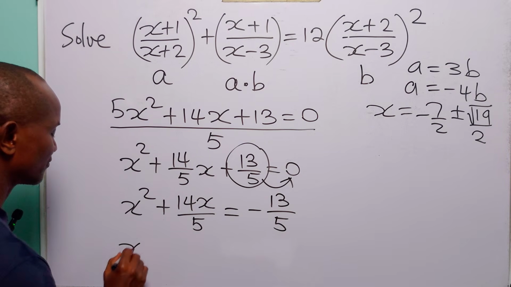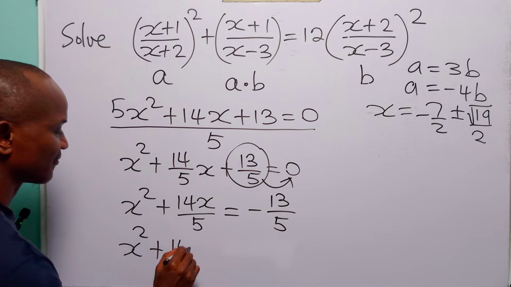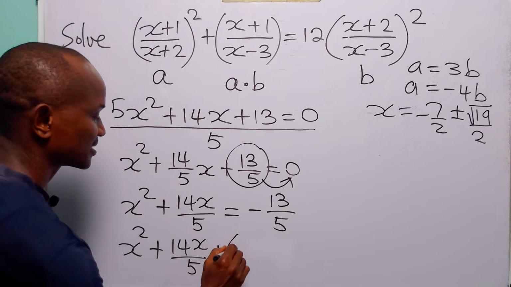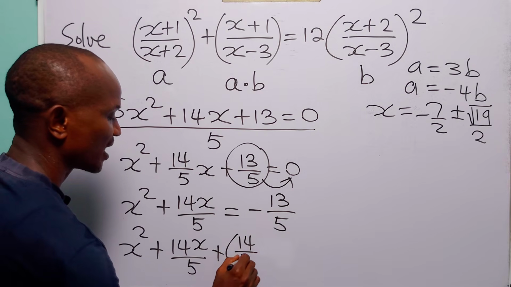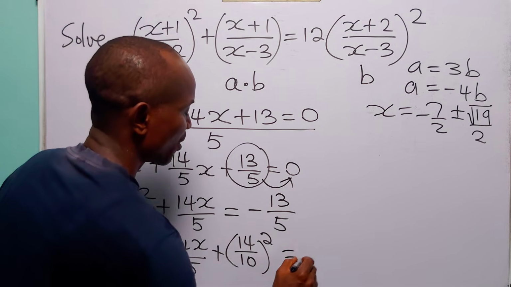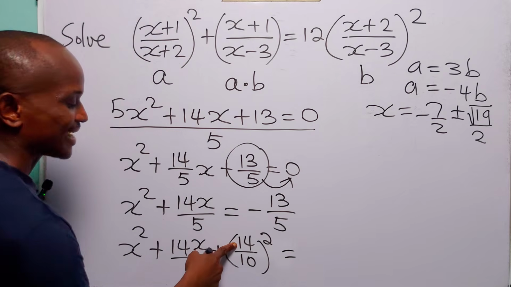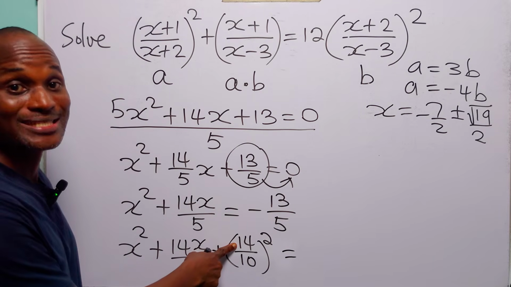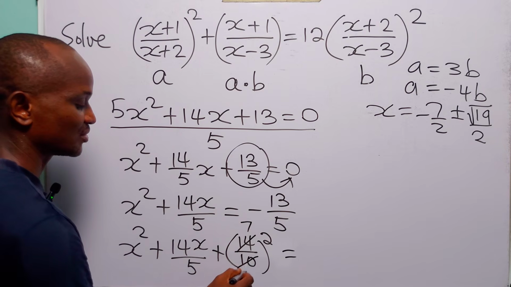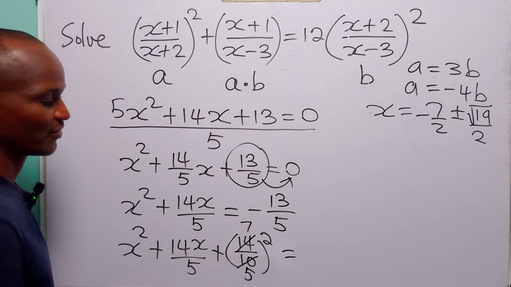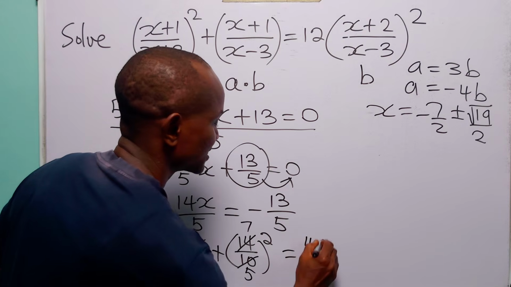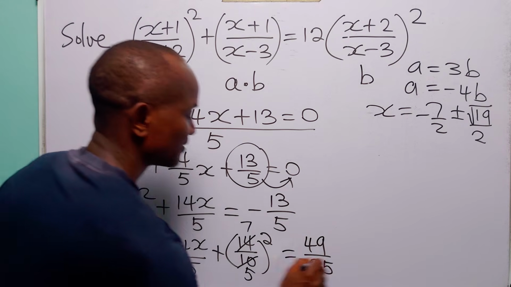When we do that, we have x squared plus 14x over 5 plus 14 over 10 squared. And this is equal to, now, we can reduce this fraction to its lowest terms. Of course, you know that 2 into 14 is 7 and 2 into 10 is 5. 7 over 5 squared is 49 over 25.